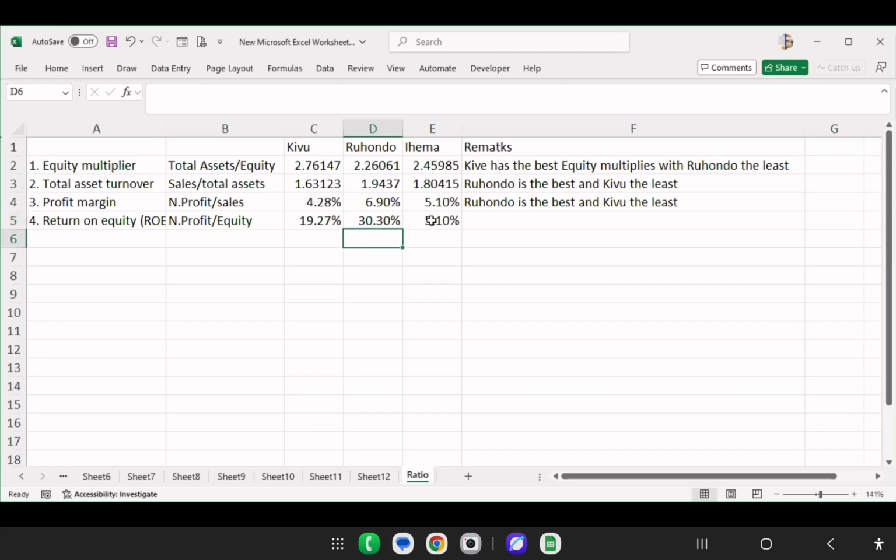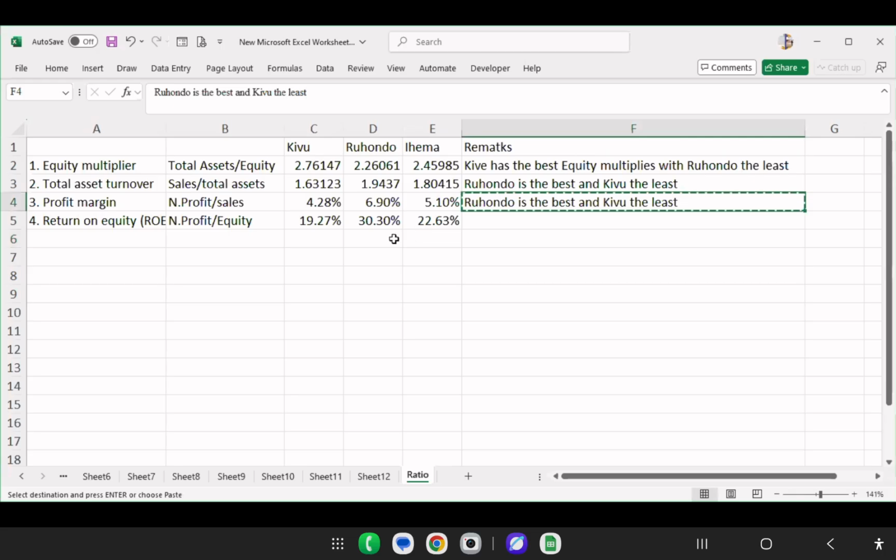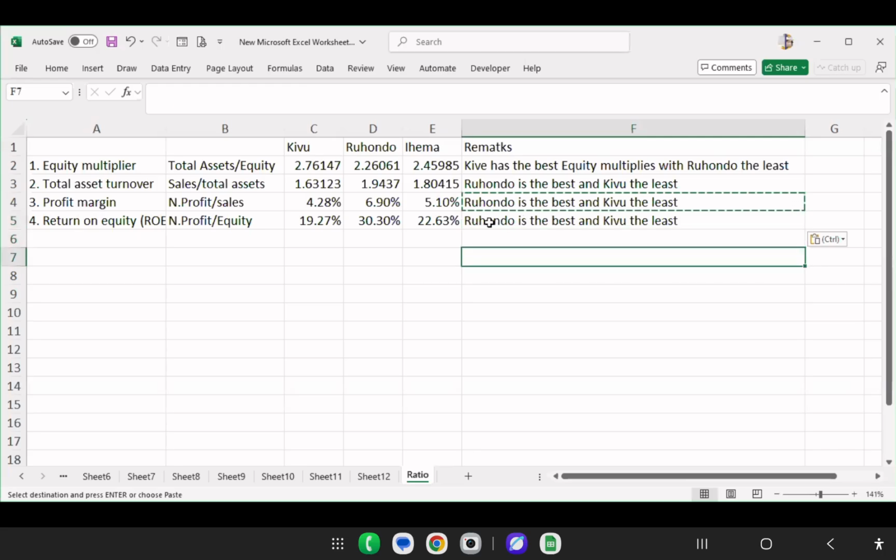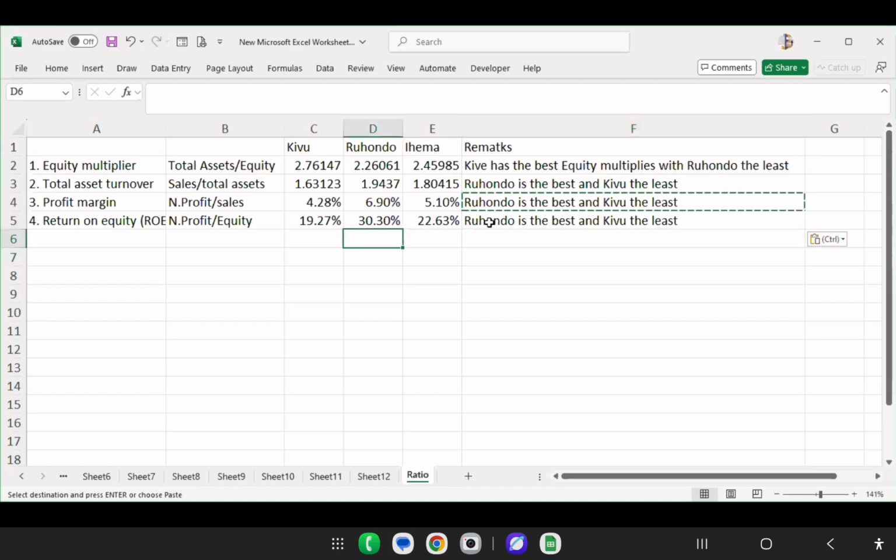The last one is 13.7. So again, when you look at this one, Ruhondo is the best. And Kivu is the least. So Ruhondo for that time becomes the best.